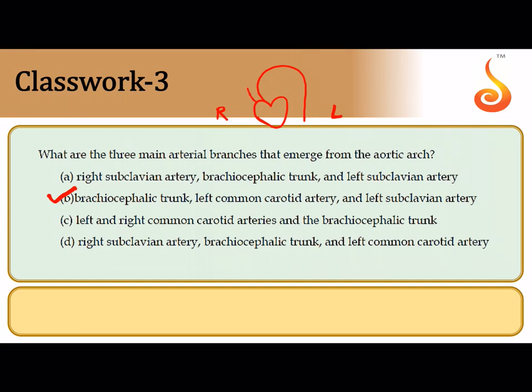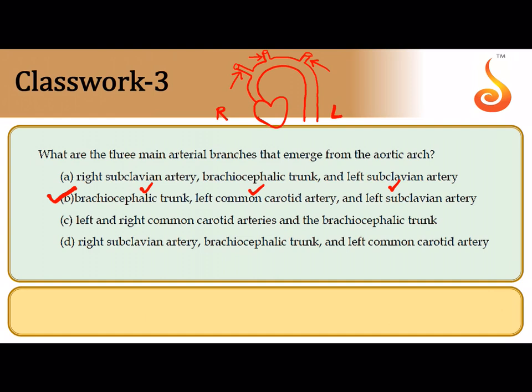So the aorta takes a branch to the left, and before it branches, it gives out 1, 2, and 3 branches before it takes a turn and it forms an arch. The first branch is called the brachiocephalic artery. The second branch is called the common carotid on the left side, and the third branch is called the left subclavian artery. So 3 branches, that is brachiocephalic, left common carotid, and left subclavian, is formed by the aortic arch.